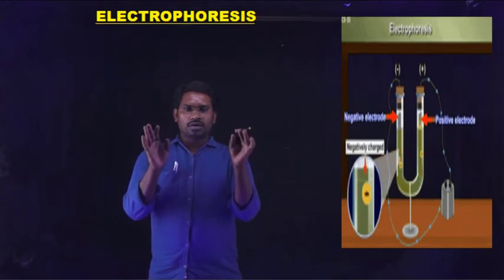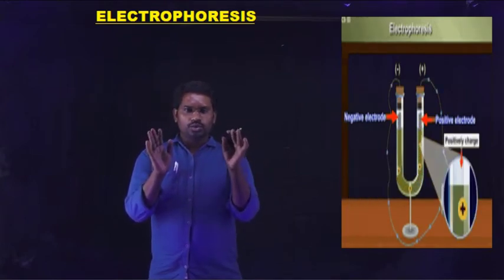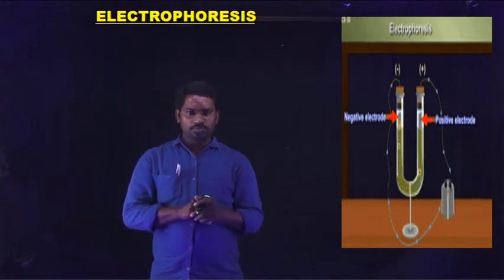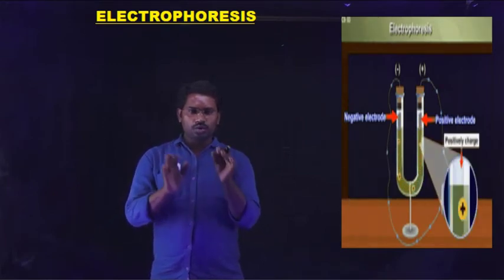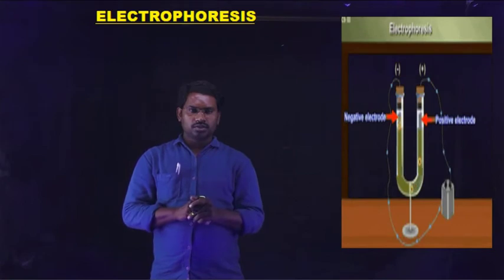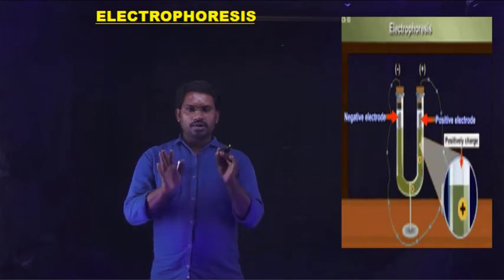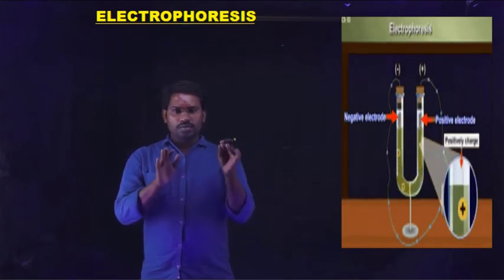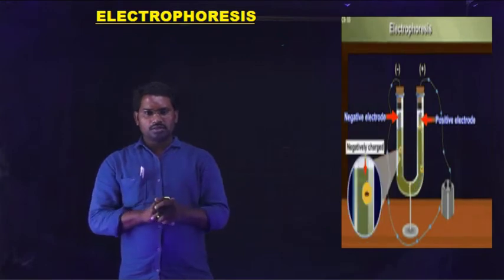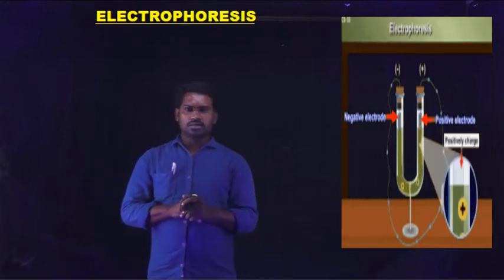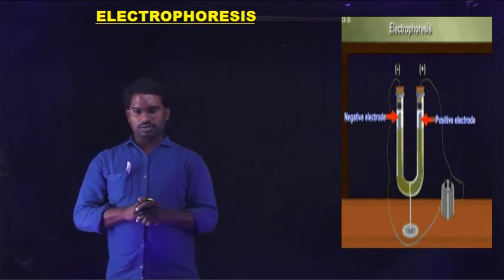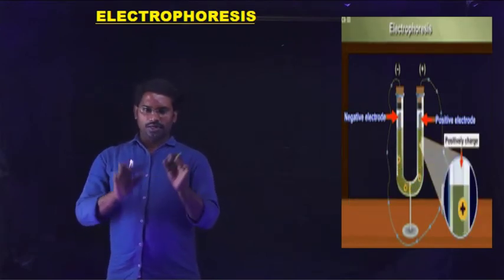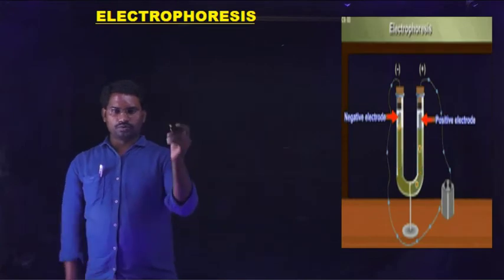Two platinum electrodes are fitted in the two arms of the tube, and an electromotive force is applied. Then the colloidal particles move towards the oppositely charged electrodes. That phenomenon is known as electrophoresis.